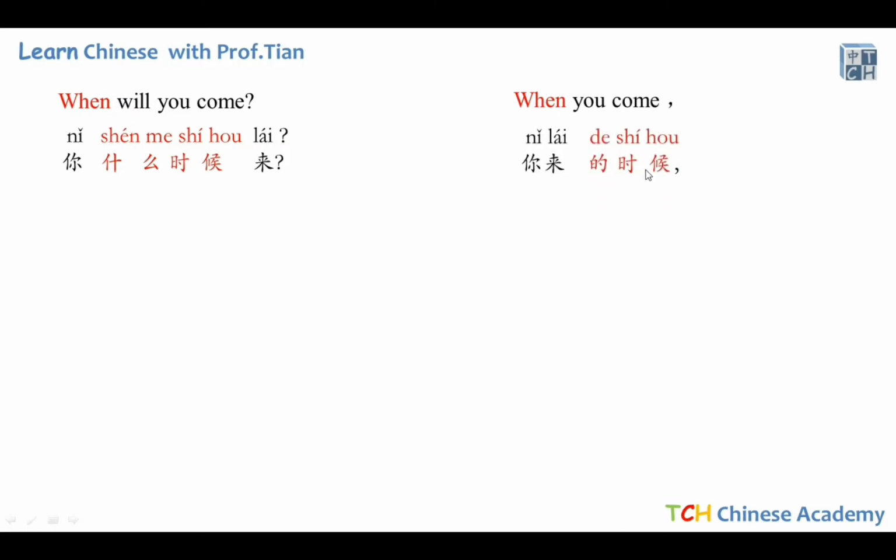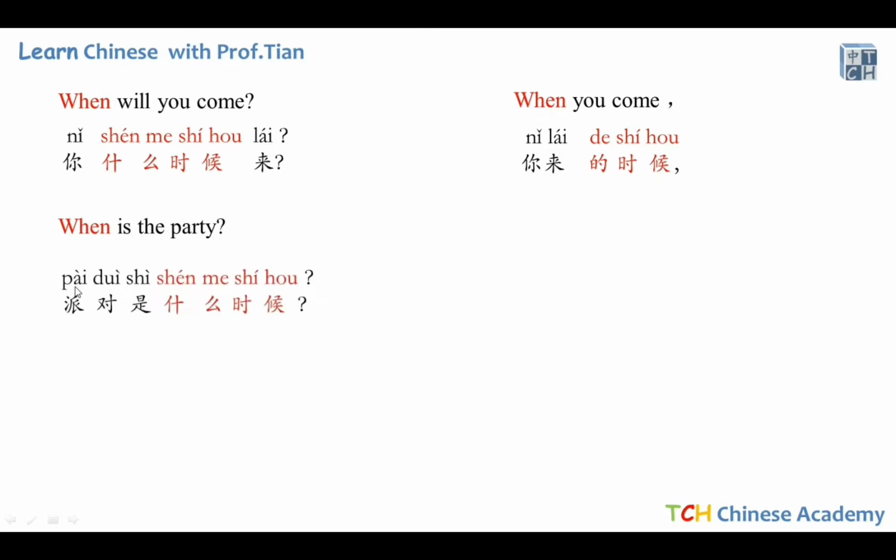And when is the party? Question again. So 派对是什么时候? And this one, when having a party, so during the time of having a party, we say 派对的时候.